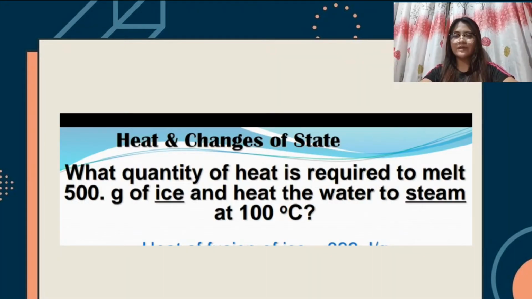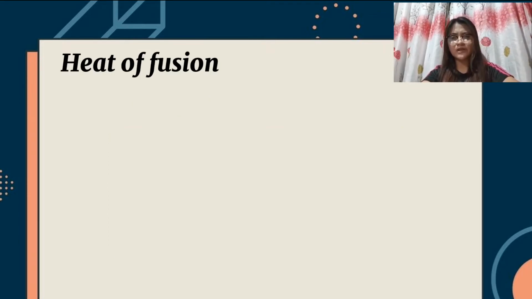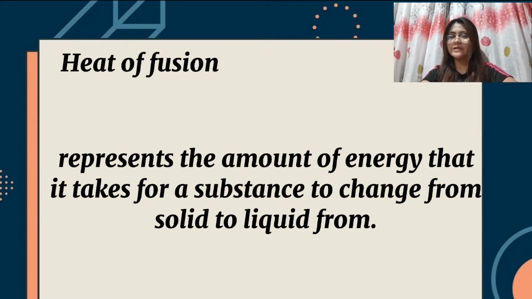What quantity of heat is required to melt 500 grams of ice and heat the water to steam at 100 degrees Celsius? So I will give you the heat of fusion of ice, specific heat of water, and heat of evaporation. Heat of fusion represents the amount of energy that it takes for a substance to change from its solid to liquid form.